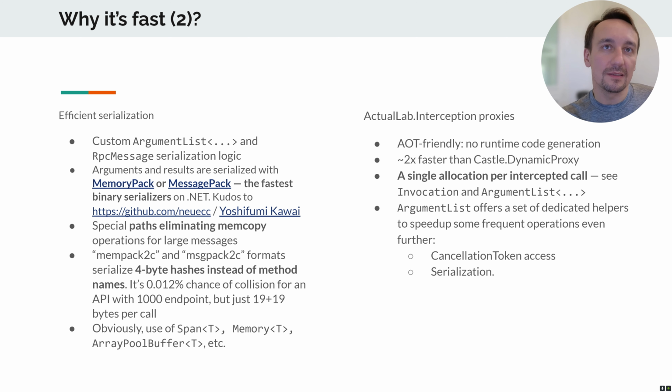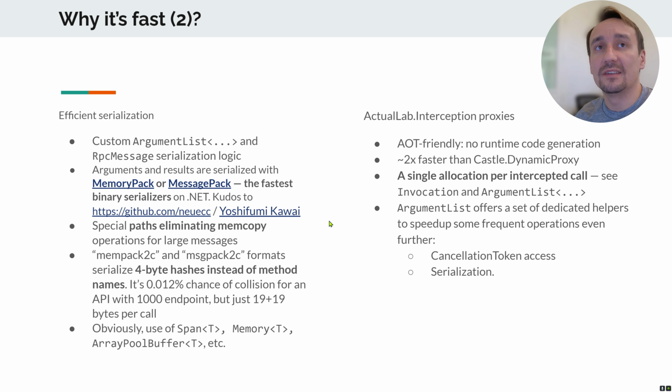It's similar to Castle Dynamic Proxy, but the difference is that, first of all, it's 2x faster because the number of allocations is way lower here, and I'll show you that. It's literally a single allocation per intercepted call. The second piece is that these proxies are generated at compile time, not at runtime, and because of that, it's AOT friendly.